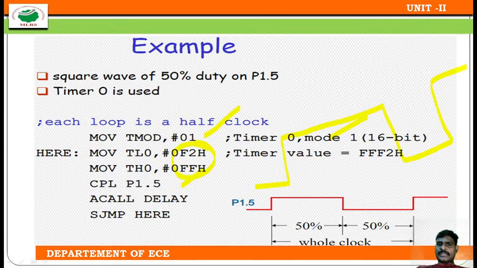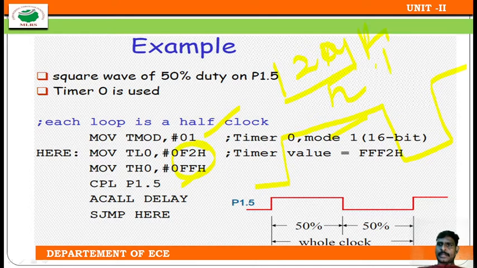Here the values are default values, taken for example purposes. In reality, if you want to get a 50% duty cycle, you need to divide the clock frequency they have given. Suppose we take a 12 megahertz frequency.